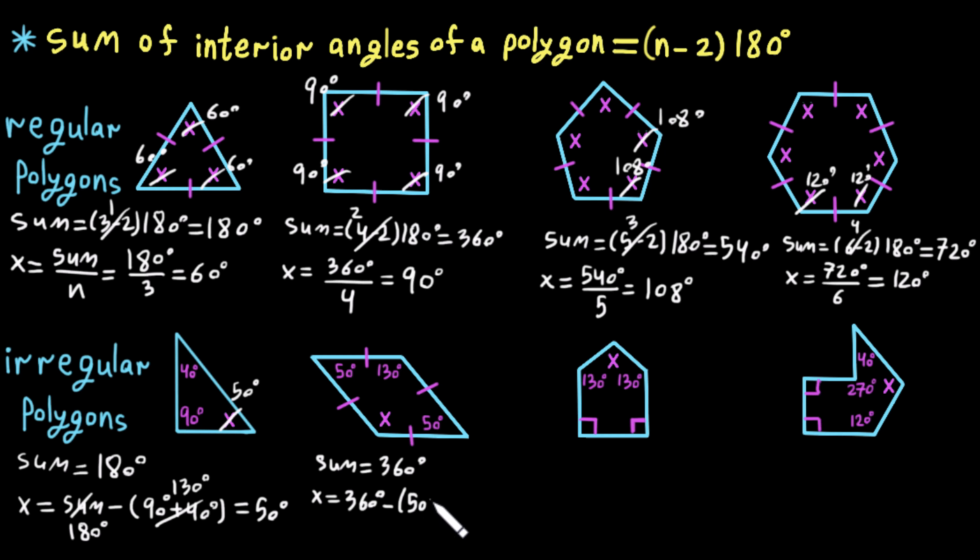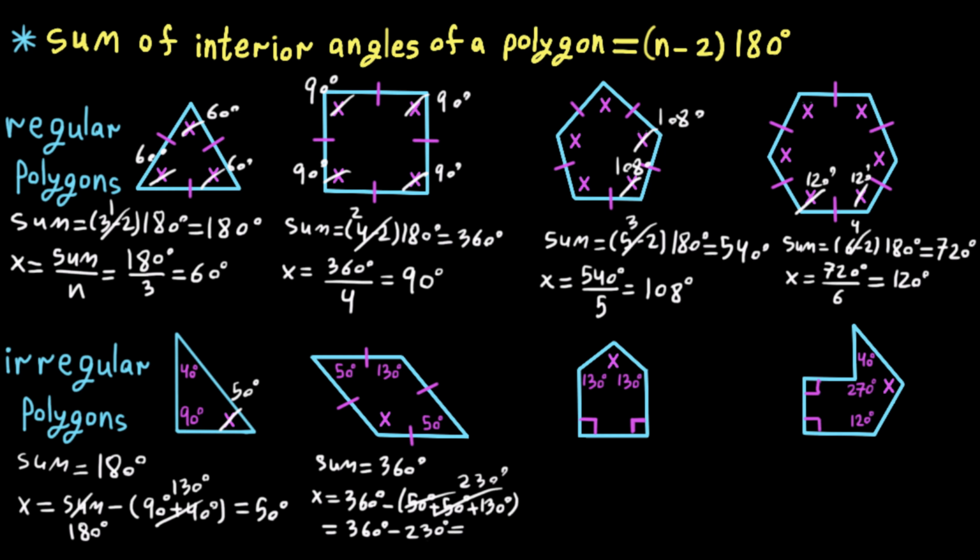So 50 degrees plus 50 degrees plus 130 degrees. And this equals 360 degrees minus 50 plus 50, 100, plus 130, which will be 230. So the answer of this is 230 degrees. So here I have to write 230 degrees.